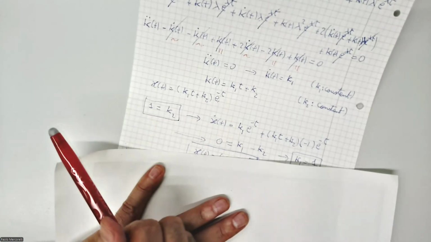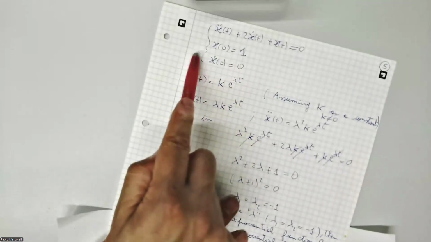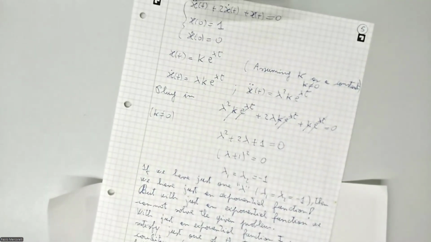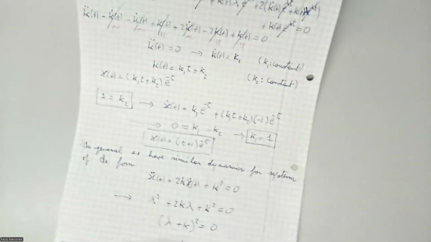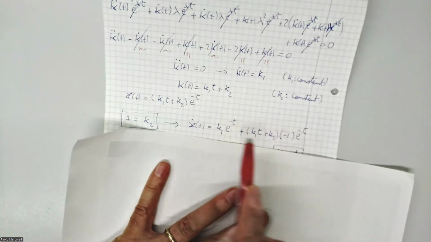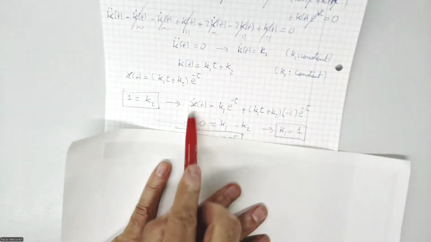Then if I consider the second condition, x derivative equals 0, at time 0, of course. If another time, no problems. I can put t exactly at the time which I want or which I know. This is the derivative of this expression. And then I will put 0 here at time 0.